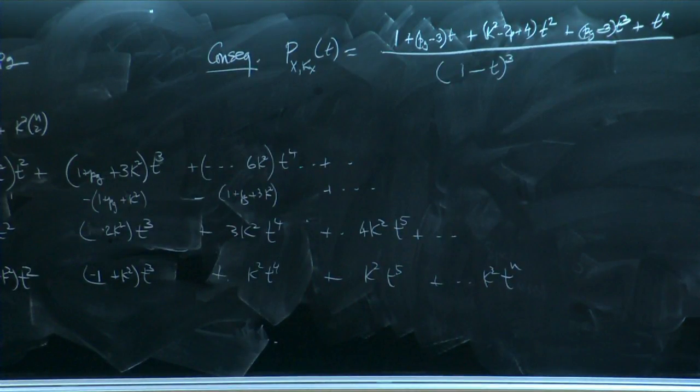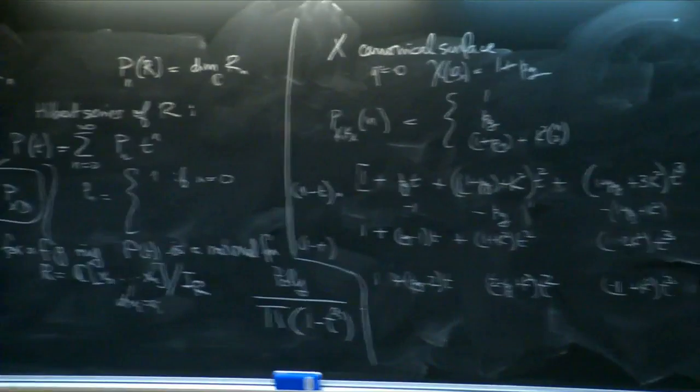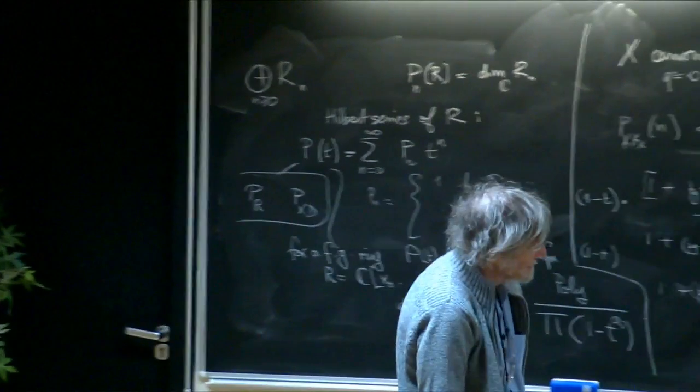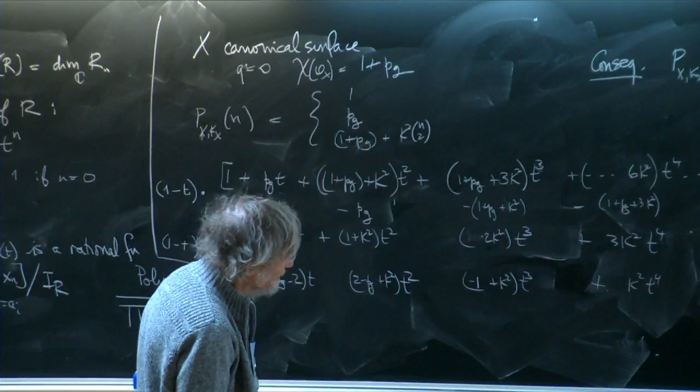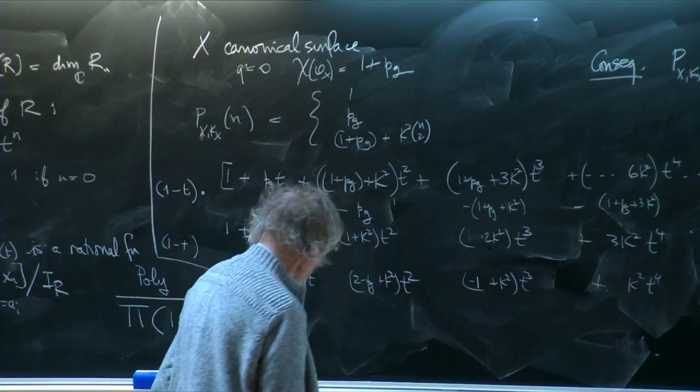So there are several things to notice about this formula. One is the denominator. The denominator is 1 minus t cubed.